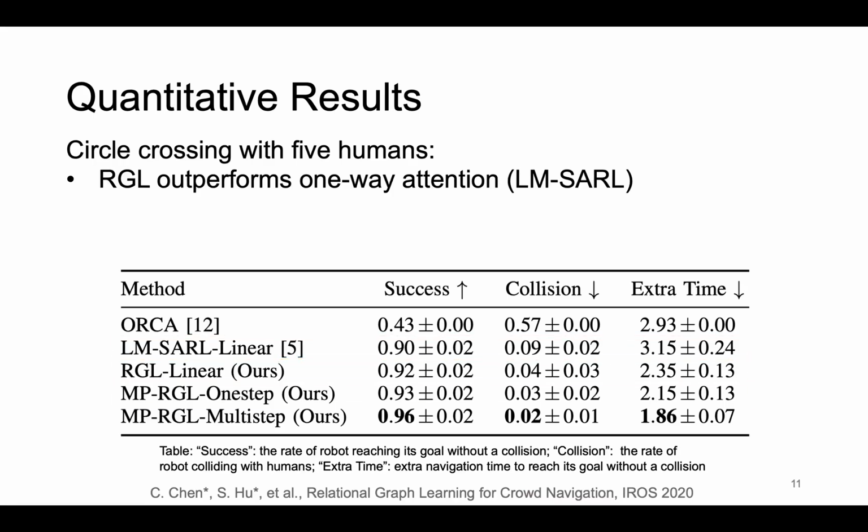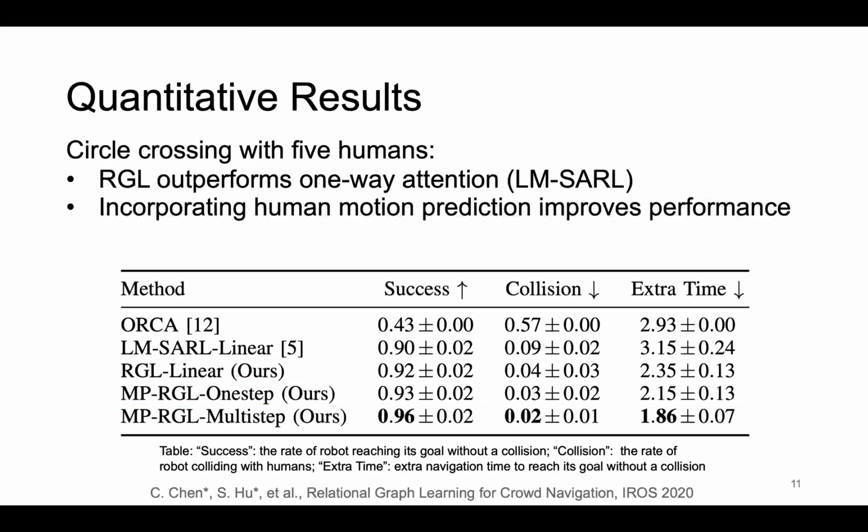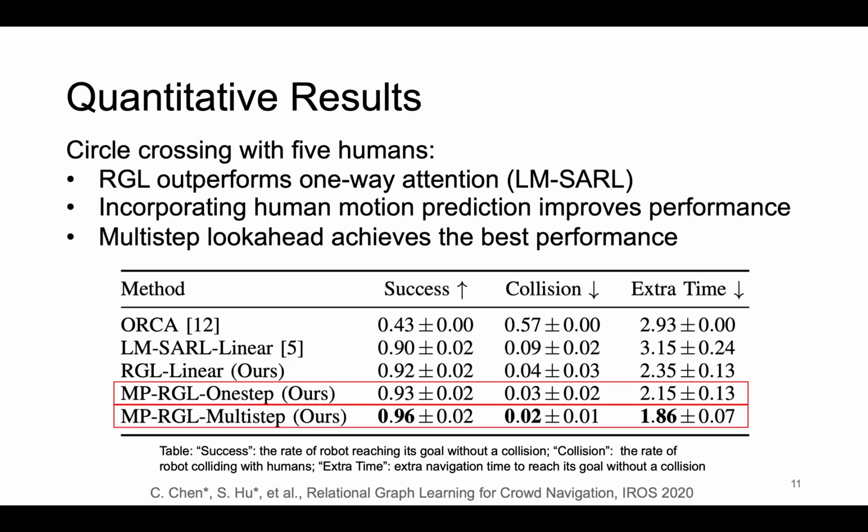Incorporating one-step look-ahead improves performance and shows the benefits of leveraging human state features with the human motion prediction model. Multi-step look-ahead further boosts performance by looking into the future over a longer horizon and achieves the best performance.